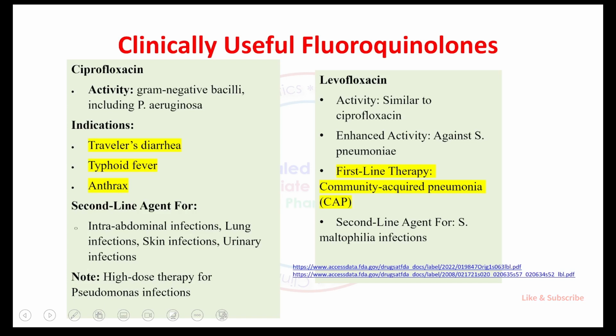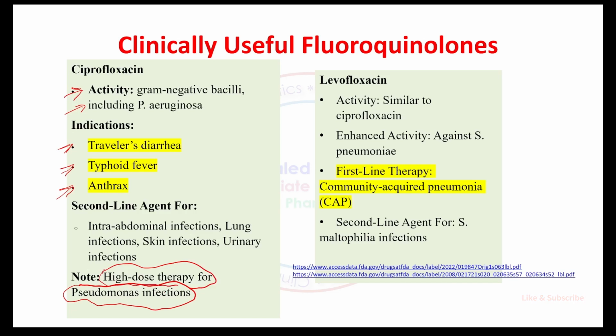Ciprofloxacin, as you can see here, is active against gram-negative bacteria, including Pseudomonas aeruginosa. We can use ciprofloxacin for traveler's diarrhea, for treatment of typhoid fever, and for anthrax prevention and treatment. When we use it for Pseudomonas aeruginosa infection, they remind us to use high doses of therapy.